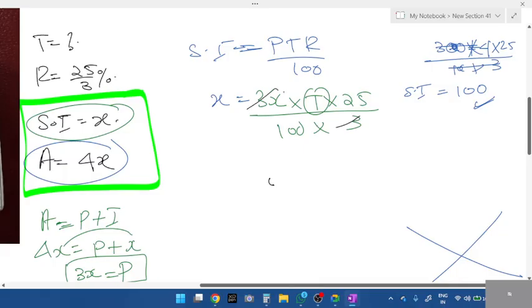Three and three get cancelled. x will get cancelled. 36 years. So simple interest is equal to PTR by 100.